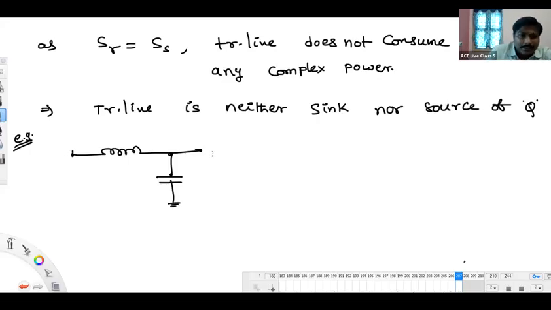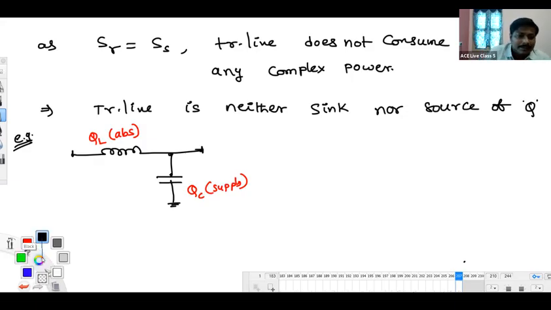This is an approximate transmission line model. The inductor will be absorbing reactive power, QL absorption. The capacitor delivers reactive power, QC supply.